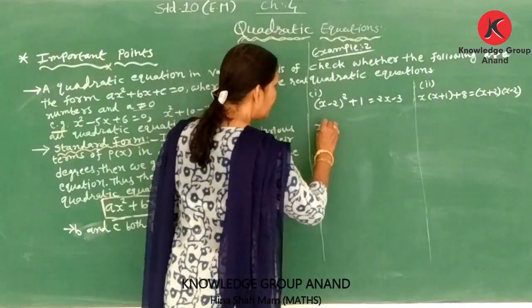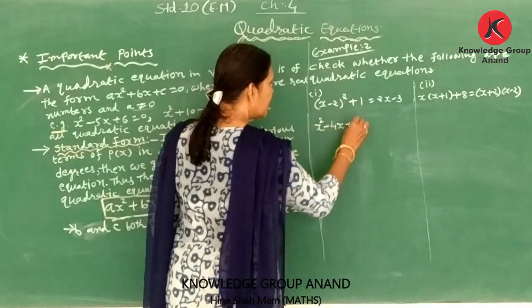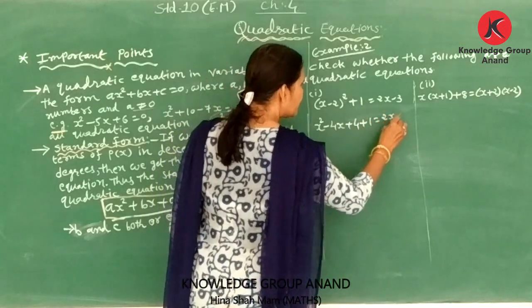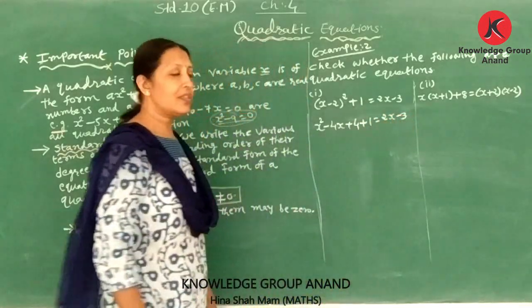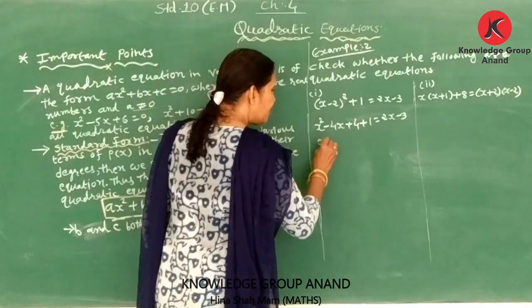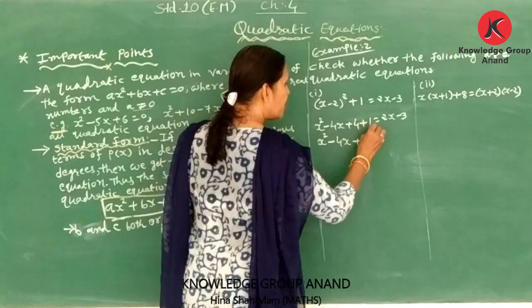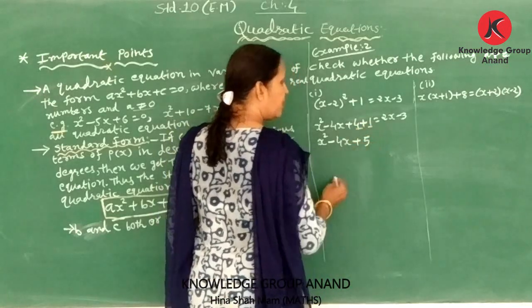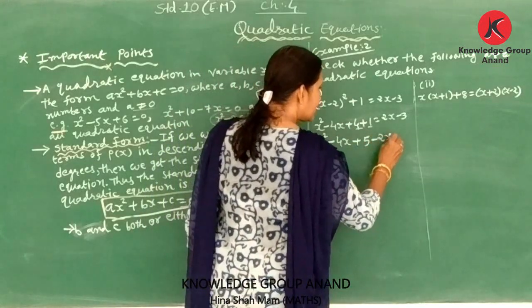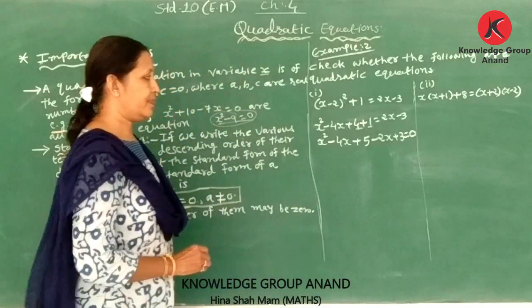Therefore x square minus 4x plus 4 plus 1 is equal to 2x minus 3. Simplify: x square minus 4x plus 4 plus 1, that is 5. Bringing all the terms to one side: x square minus 6x plus 8 is equal to 0.